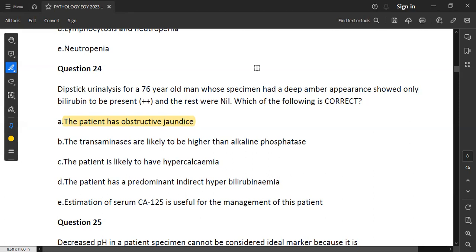The conjugated bilirubin formed cannot pass into the small intestines, and it returns back to the blood because we've constricted the outlet of that bilirubin. Which is why this guy's bilirubin was high.